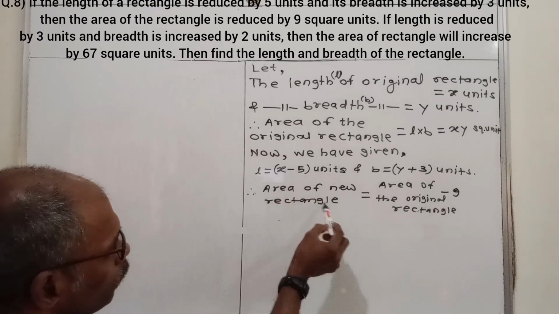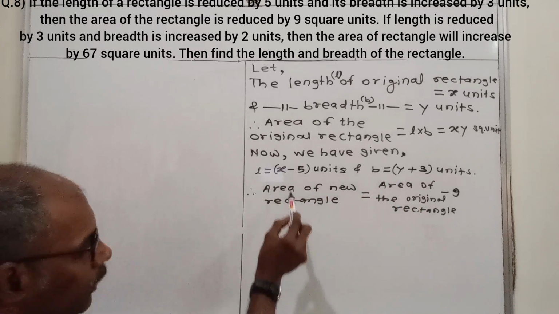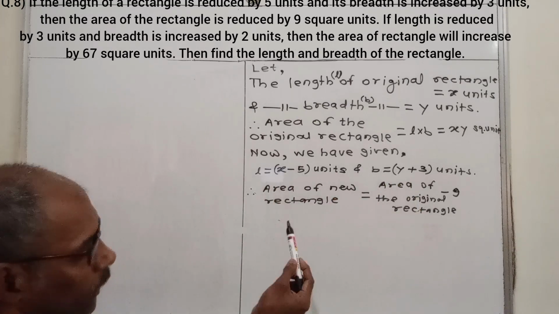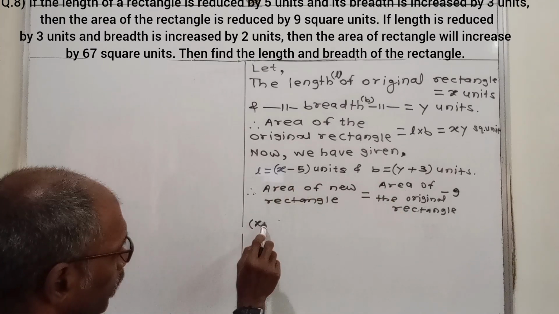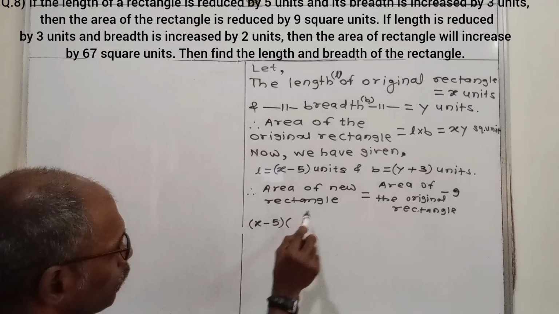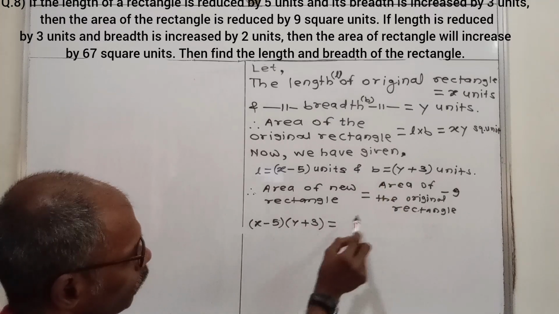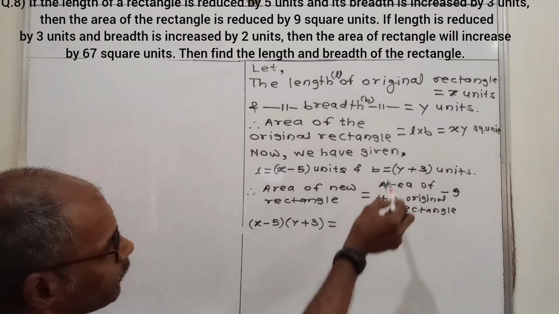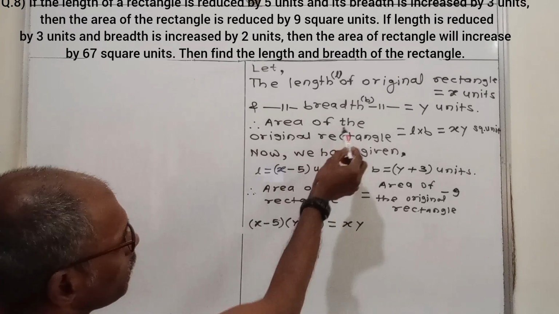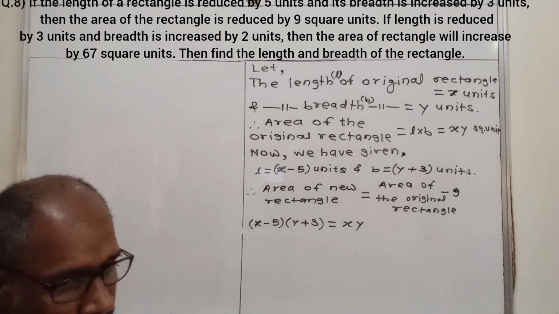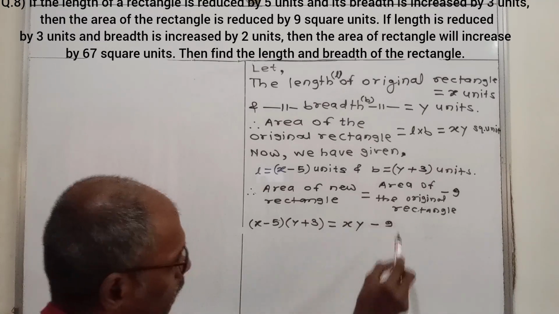Now the area of the new rectangle, what is it? L into B. L is x minus 5, into B, y plus 3, is equal to the area of the original rectangle, xy square units, minus 9.